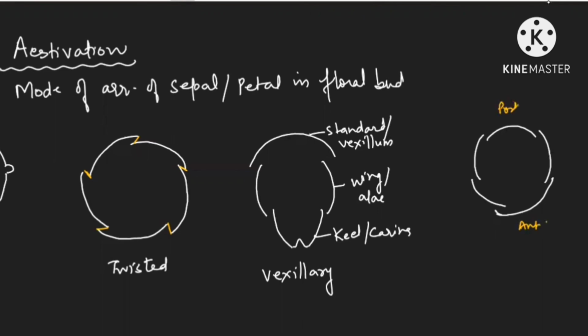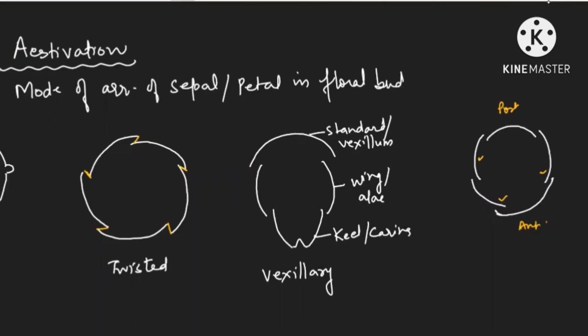What we are finding is the anterior one is overlapping the posterior one. This is overlapping this one and this is overlapping this. So we will say anterior is overlapping, and as a result, the posterior one is overlapped.